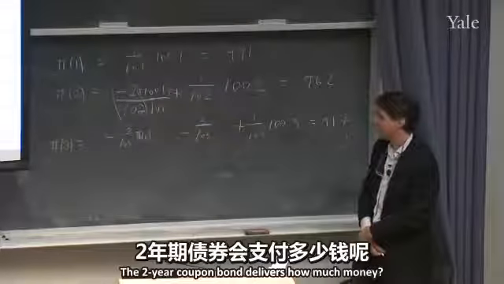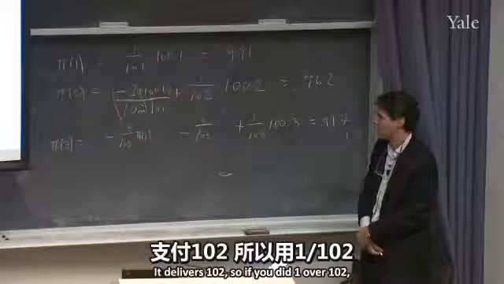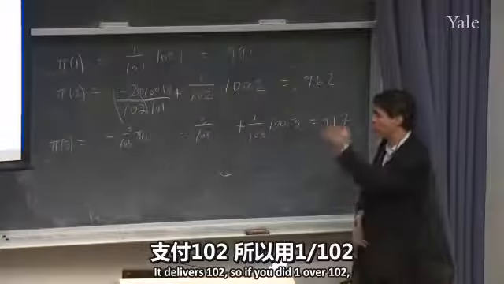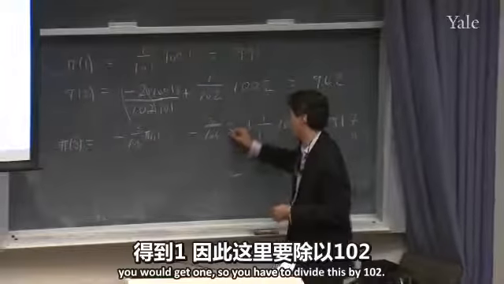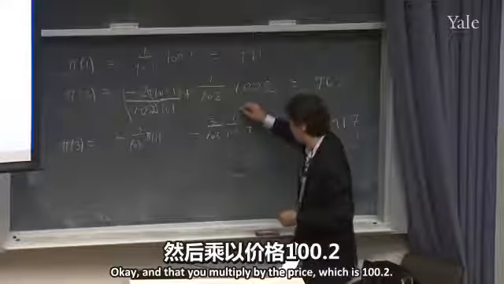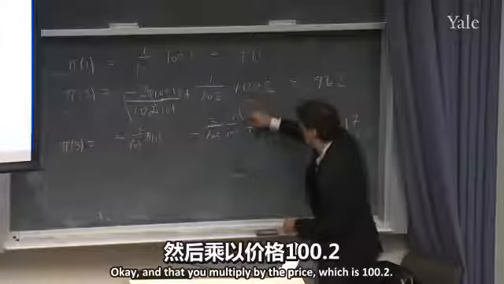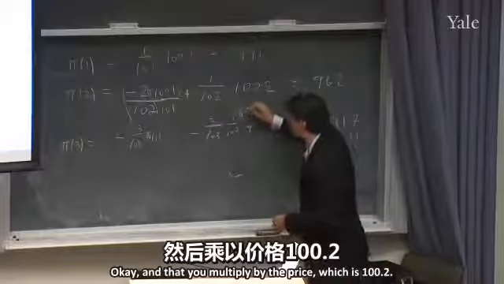And the 2-year coupon bond delivers how much money? Delivers 102. So if you did 1 over 102nd, you would get 1. So you have to divide this by 102. Okay, and that you multiply by the price, which is 0.96, by the price, which is 100.2.